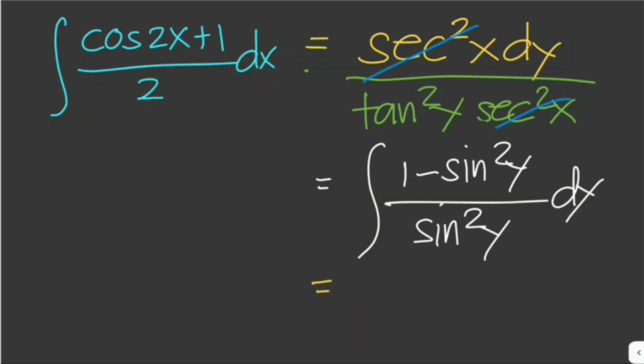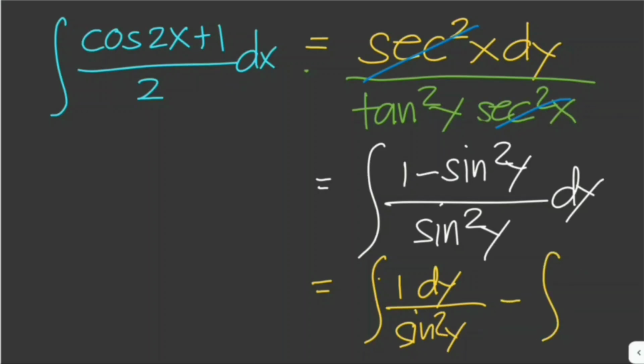Now we can write this separately as the integral of 1 dy over sine squared y minus the integral of sine squared y over sine squared y dy. And we cancel out sine squared y here. This would become 1, so this is dy.